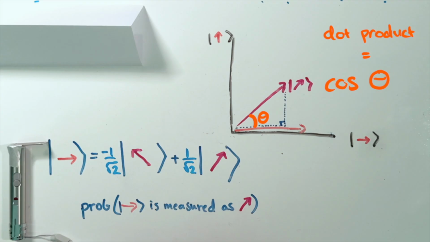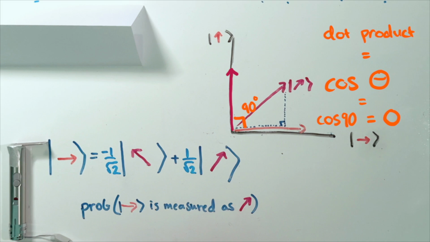Now this makes sense because if the angle was 0, in other words, the two vectors were overlapping completely, then cos of 0 is equal to 1, so the dot product is very big. On the other hand, if they're perpendicular to each other, the angle between them will be 90 degrees, and then the dot product between them would be cos of 90, which is 0.